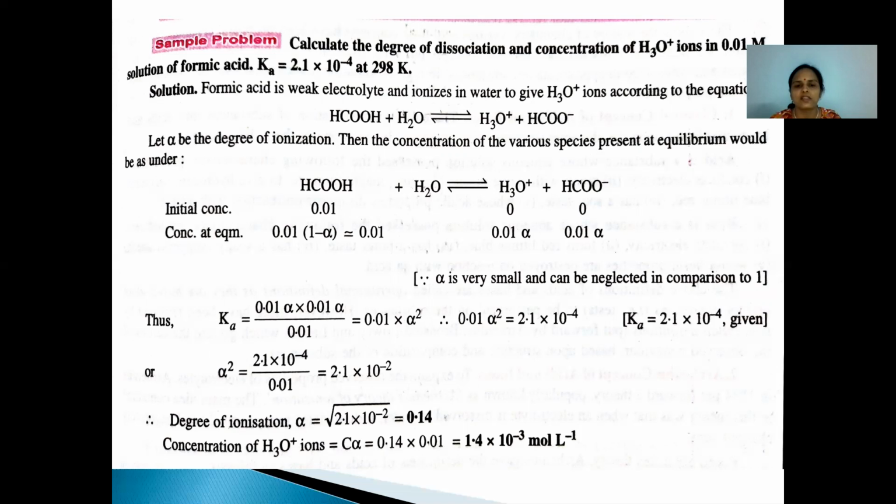So C here is 0.01 into the alpha value, which I got as 0.14. That is equal to 1.4 into 10 raised to minus 3 moles per liter. So we calculated the degree of dissociation alpha, as well as the concentration of H3O plus ions.